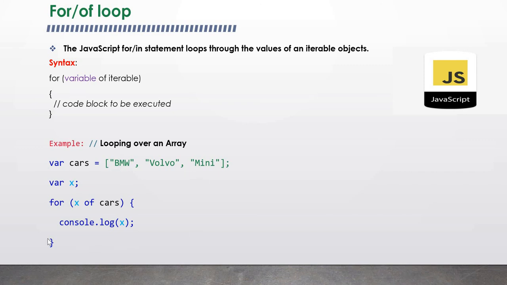Then it goes back to the cars array again and checks the next index. Is there any next index available? Yes, it is available. So the next one is Volvo, and the value of that index is assigned to x, and you can print it.